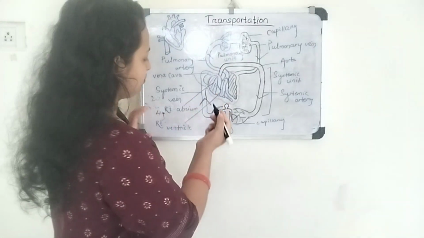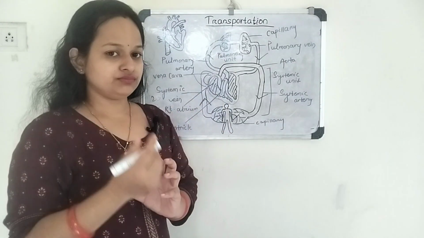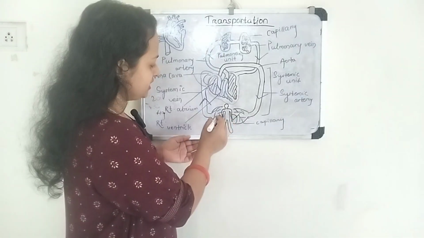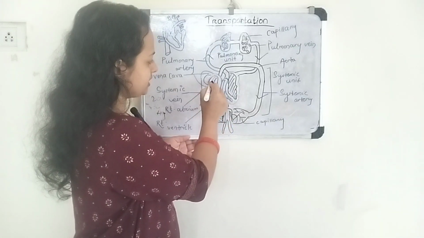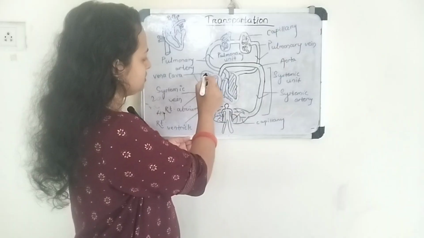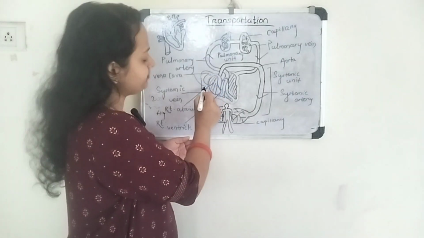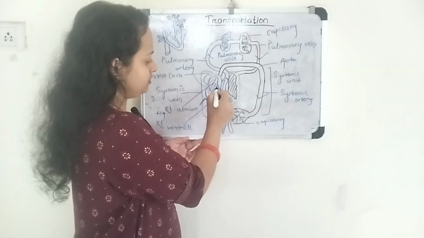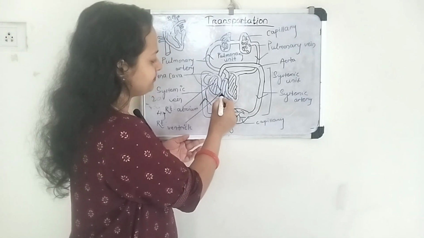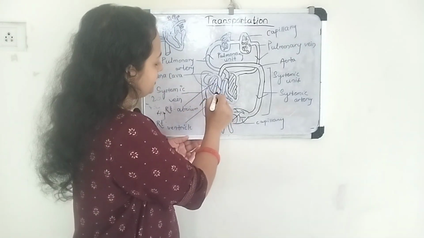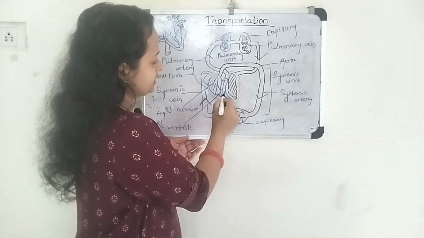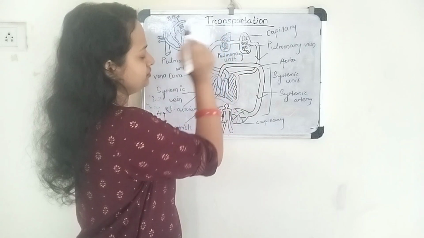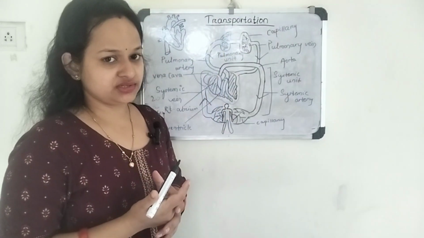Again, after the oxygenated blood is used by the body, it becomes deoxygenated and goes to the right atrium through the superior and inferior vena cava, then to the right ventricle through the tricuspid valve, and from the right ventricle through the pulmonary artery to the lungs for oxygenation.